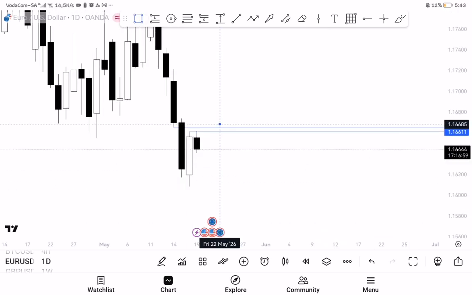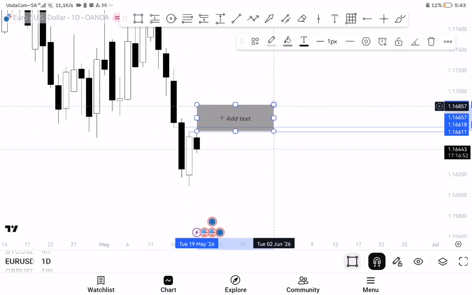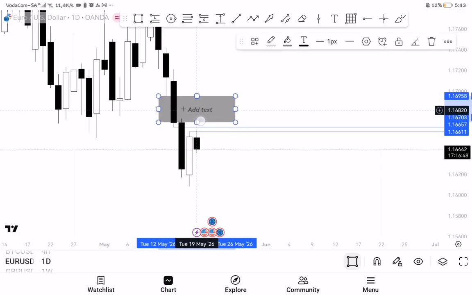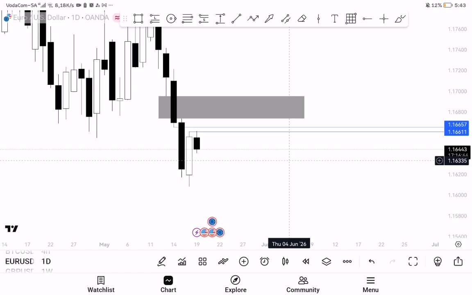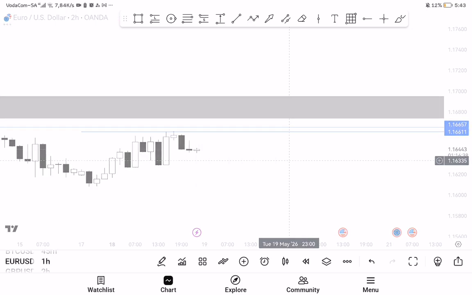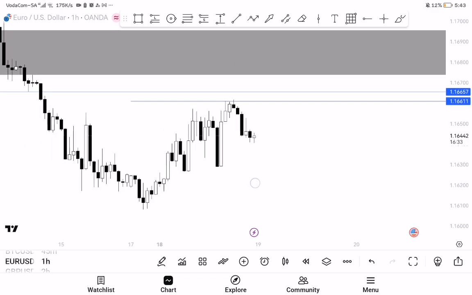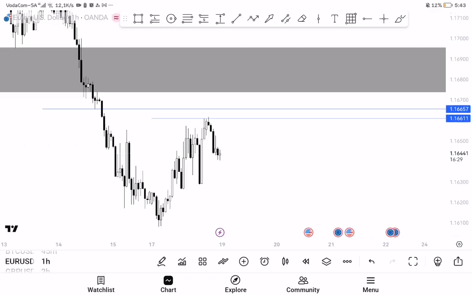This gap may act as a breakaway gap, but when I look at the smaller time frame, there isn't convincing information to tell me that price now is ready to sell.